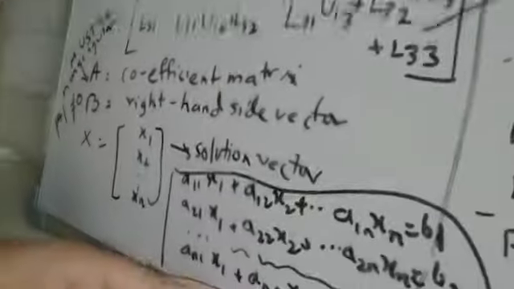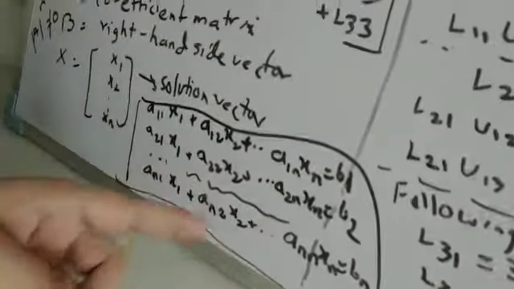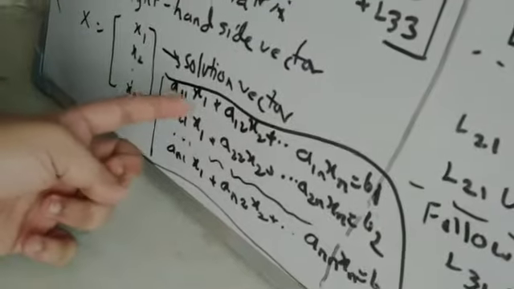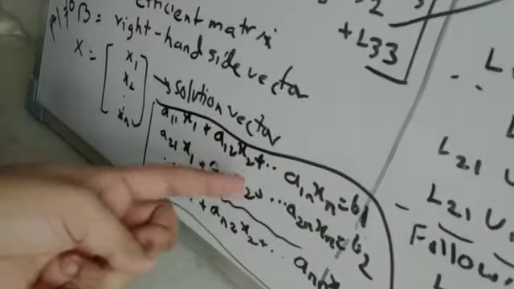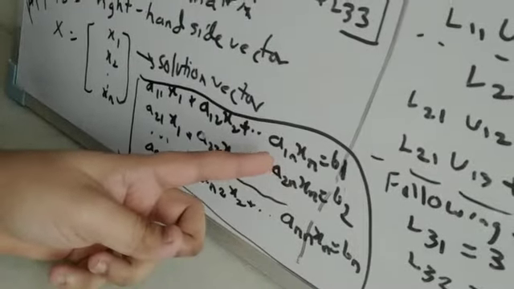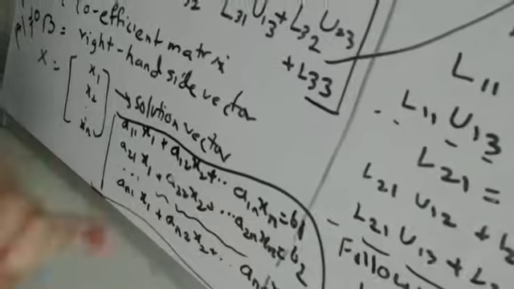Now suppose this is a system of linear equations. What is this? a11 x1, a12 x2, like that way, if I take n number of terms, then a1n xn, and this is equal to b1.